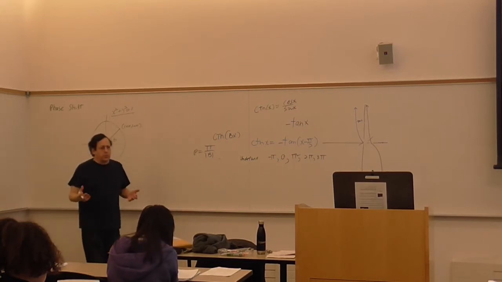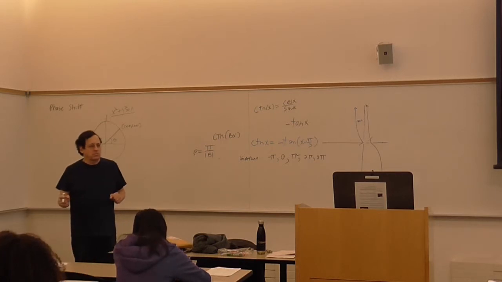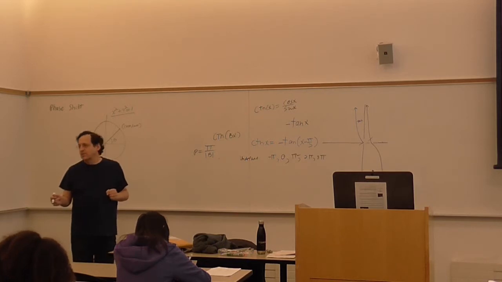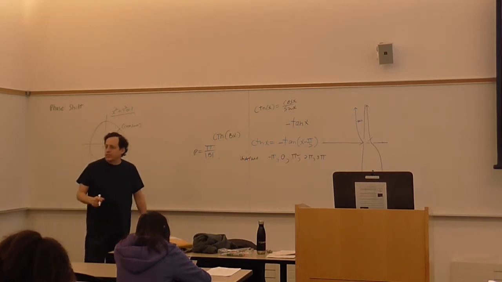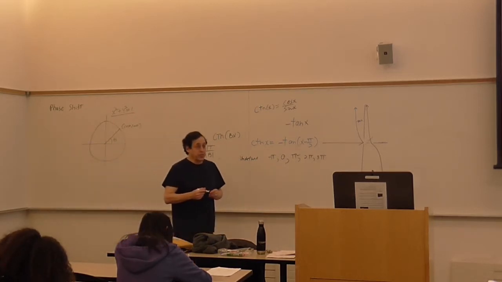So what's the range on sine and cosine? Yeah, it's just negative 1 to 1. Right? So that's an example where it's not all reals.